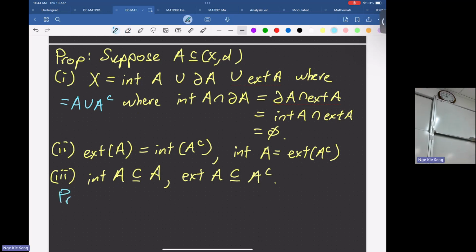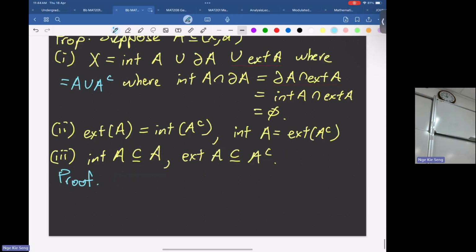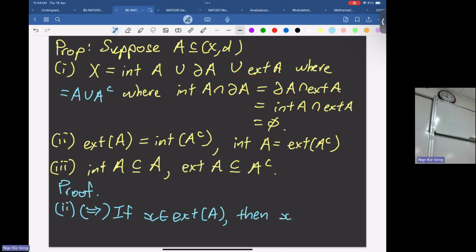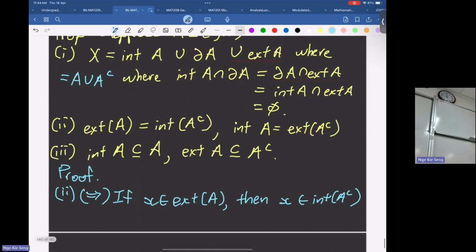So let's prove 2. Let's go one direction. If X is in the exterior of A, then X is in the interior of A complement. Since X is in the exterior of A, what does it mean?